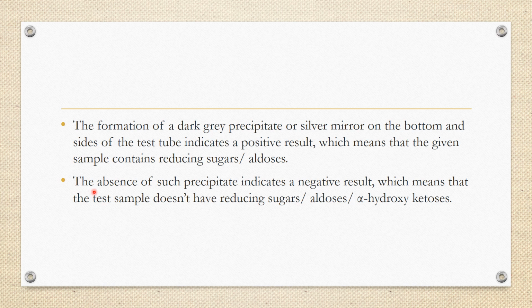The absence of such a precipitate indicates a negative result, which means the test sample does not have reducing sugars, aldoses, or even alpha hydroxyketoses. Because the alpha hydroxyketoses can also give a positive result, but if it's negative, the sample has neither aldoses nor alpha hydroxyketoses.